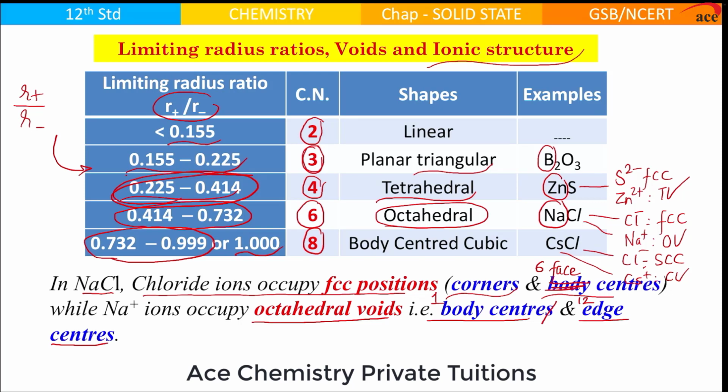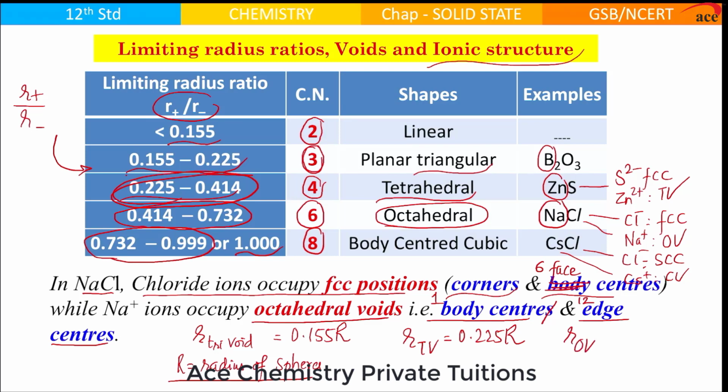If you want to know the exact size of the triangular void, it is 0.155 multiplied by R. What does that capital R stand for? Capital R stands for the radius of the spheres which make the triangular void. Again, size of the tetrahedral void: it is 0.225 of capital R, the radius of the spheres which make up the tetrahedral void.